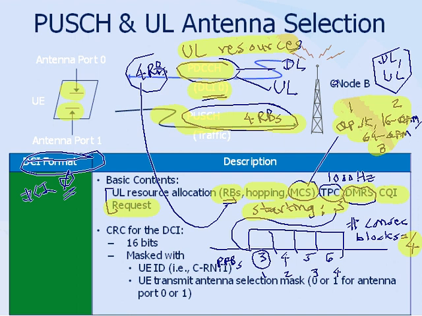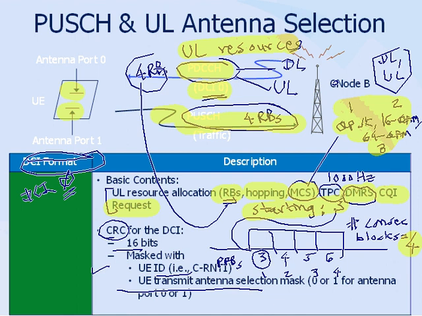and that message is now protected or covered by CRC, cyclic redundancy check. 16-bit CRC, and of course that is masked with the identity of the UE, which is cell radio network temporary ID. Not only that, we mask that with antenna selection mask.